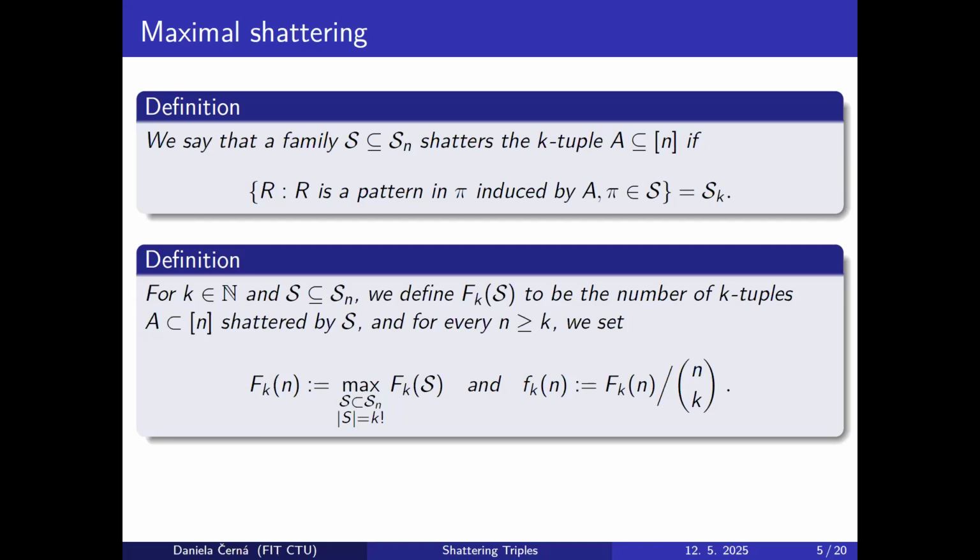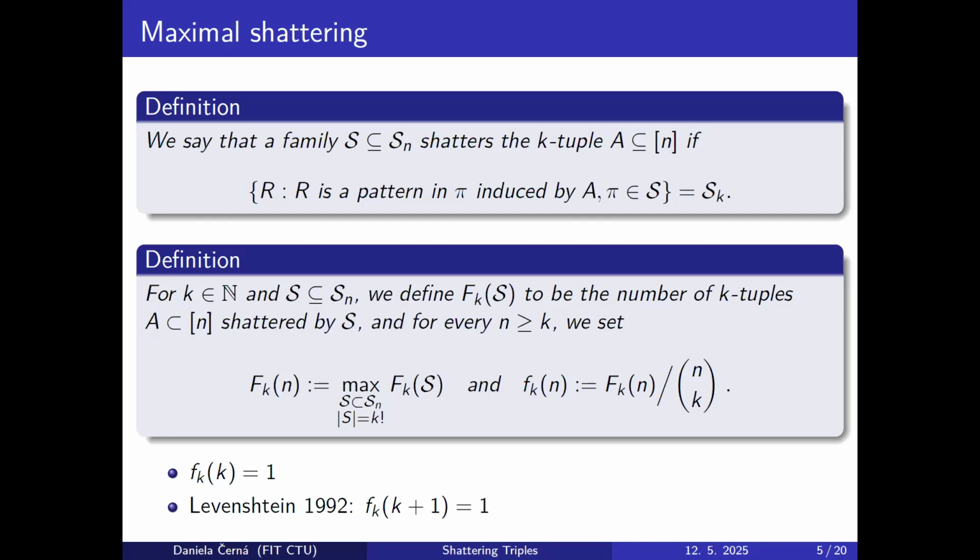So this number is always between 0 and 1. It is clear from this definition that it is 1 if you take n being k, because then your family S will be just S_k, and you shatter the one triple that is in there. Levenstein also showed that even for n being k plus 1, you can still shatter everything.